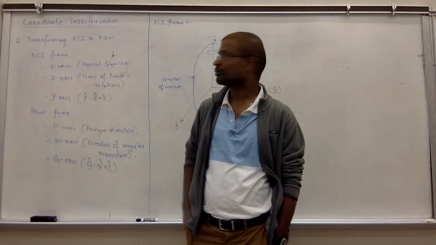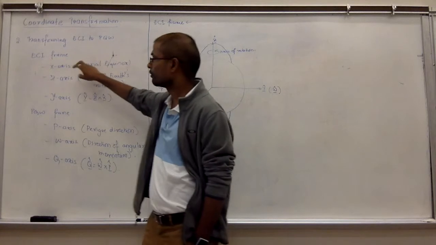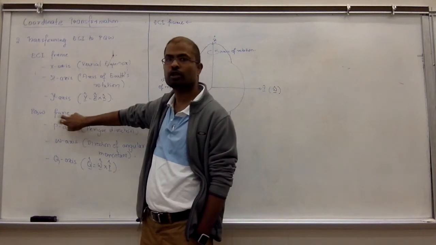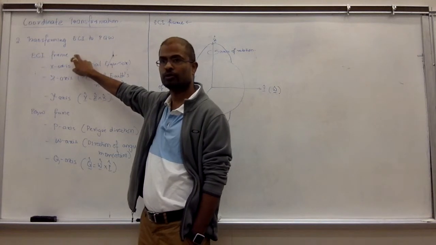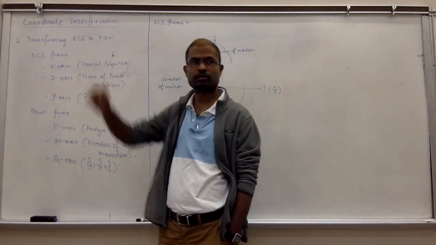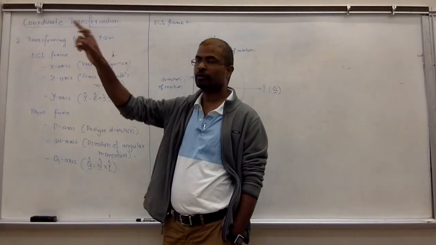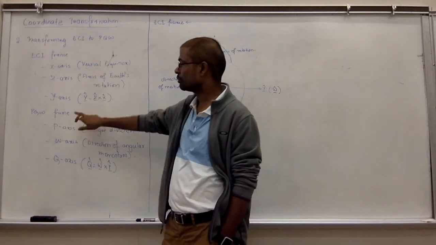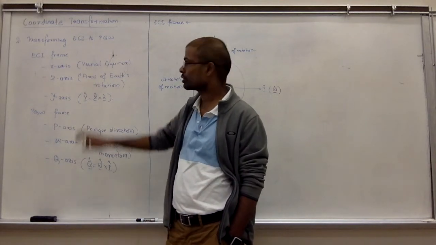Now, what you're trying to do here is define the orientation of each PQW frame with respect to the ECI frame. You realize there are two PQW frames here. So what is the relative orientation of the geostationary PQW frame with respect to the ECI frame?